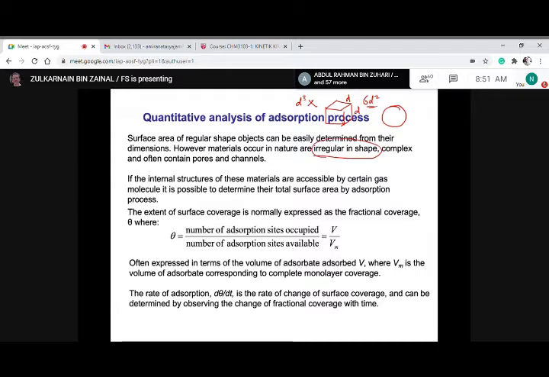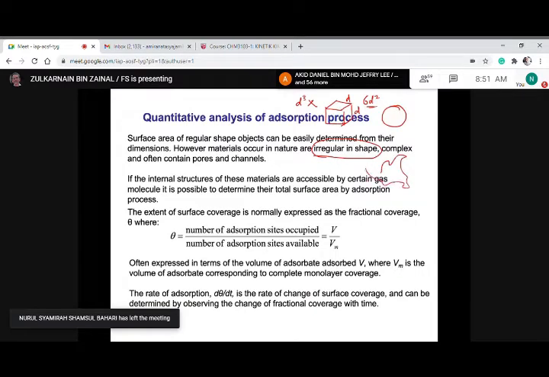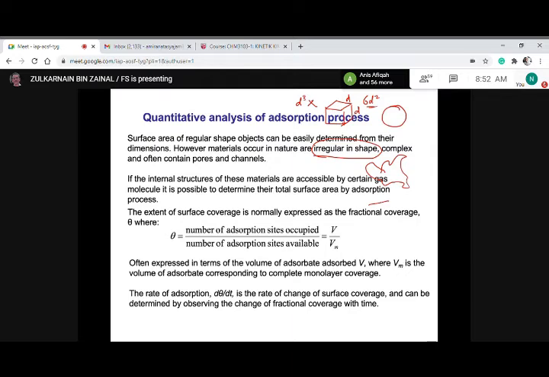irregular shaped materials, for example, material like carbon, something with an irregular shape, it is very difficult to get the surface area. And what if the material has internal pores? Not only the big pores or macro pores, it also has micro pores inside.